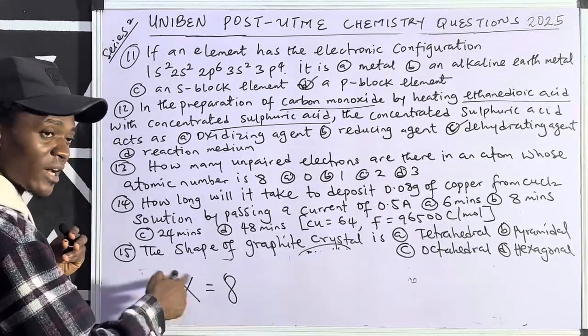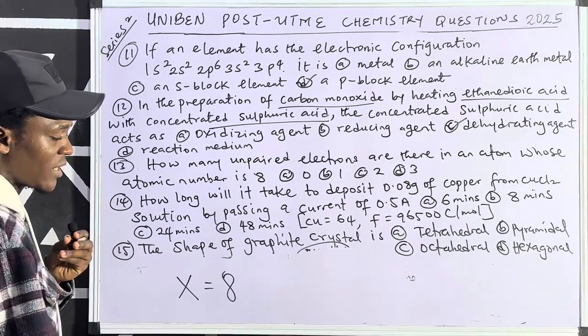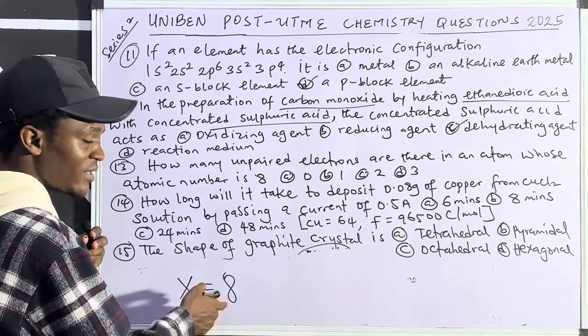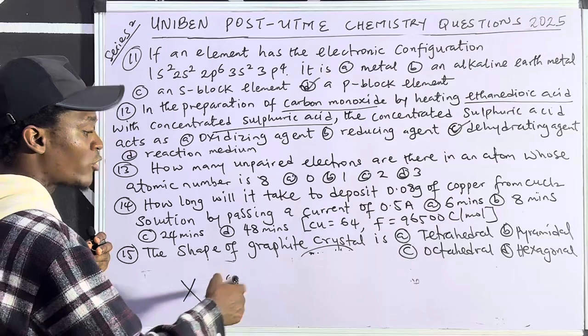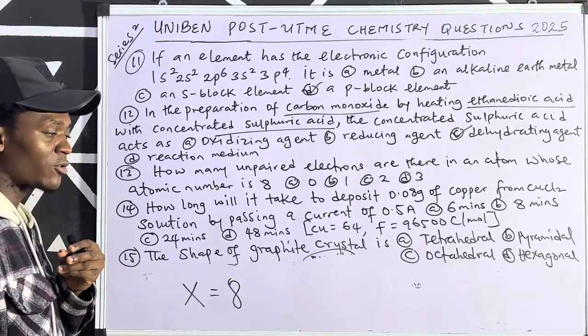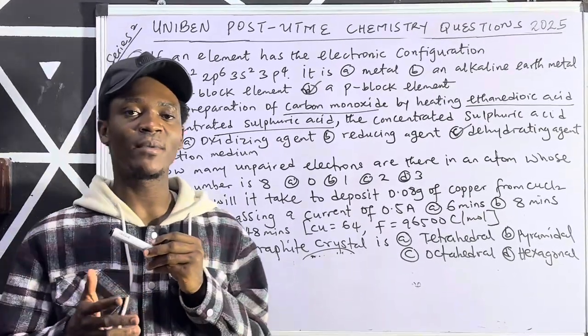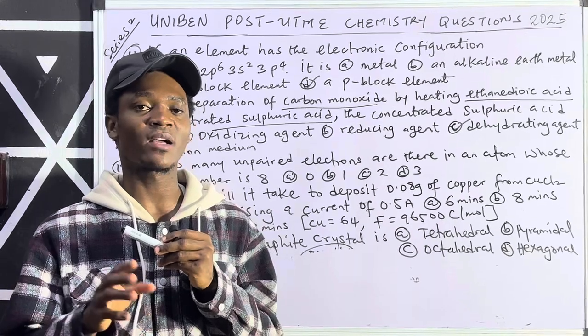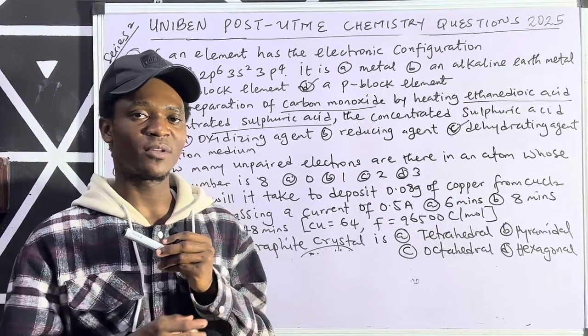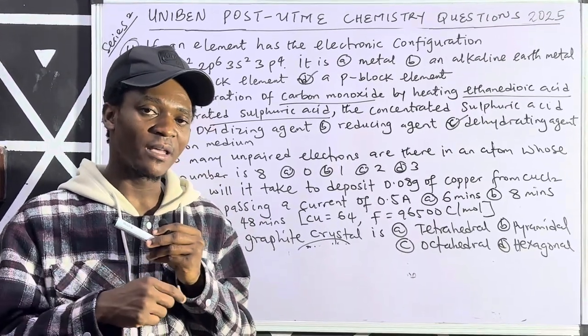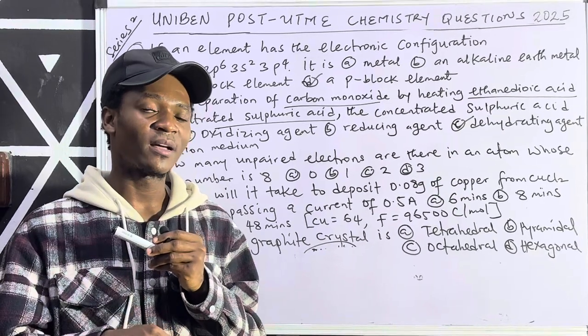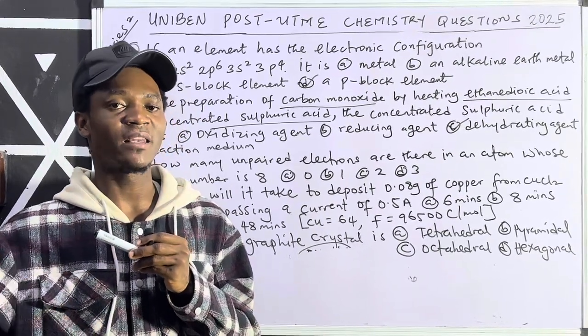Since there is no charge, it's just an atom, the atomic number, which is the same as the proton number, will also be the same as the number of electrons. Remember that when an element is uncharged, meaning it's not carrying any charge, it is in its atomic form, the atomic number of that element, which is also called the proton number, would be the same as the electron number.